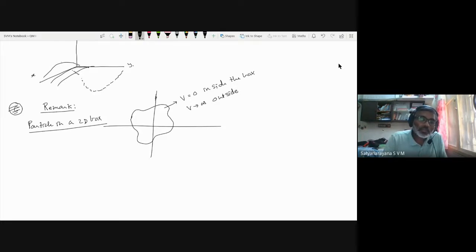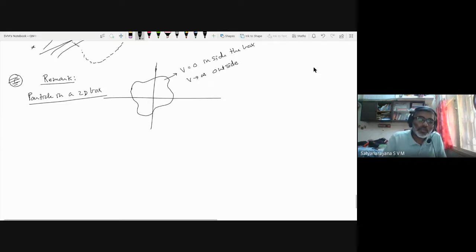Or you can ask a question: for what kind of shapes can I solve this problem exactly? Barring the square and rectangle, which we have already seen, what are the other shapes? You can think of a circle. If you have a perfect disk, you can solve this problem of a particle on a disk.